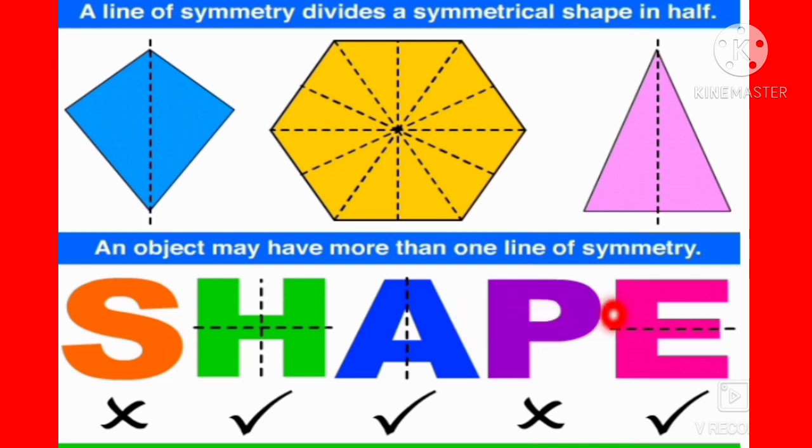If we cut like this, it is also not equal, and when we cut vertically through the letter P, it doesn't divide the letter into 2 equal halves. And what about E? E has 1 line of symmetry which makes the letter E into 2 equal parts.